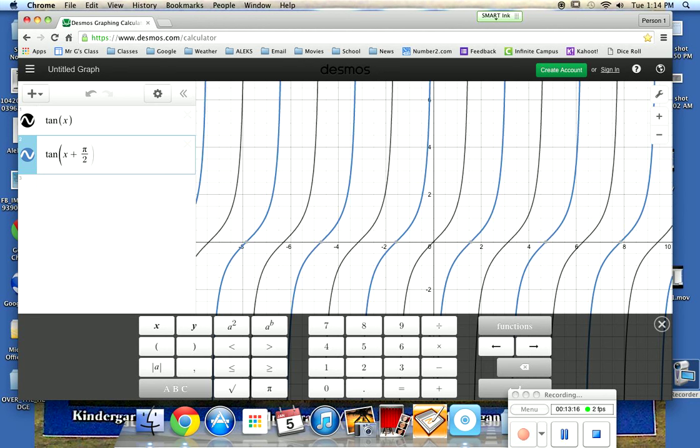Yeah, because it happens every pi, every 180 degrees it's shifting. Okay, so you got to look at what period is. Tangent of 2x, and a phase shift, tangent of x plus pi over 2. Okay, and we can do this for sine and cosine as well.